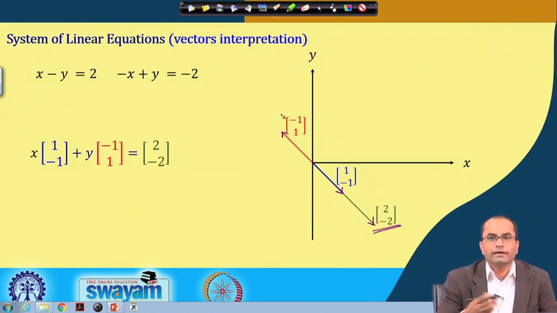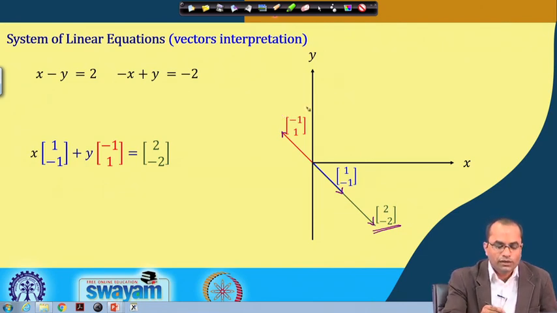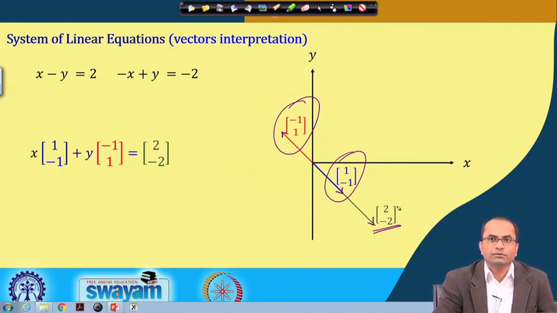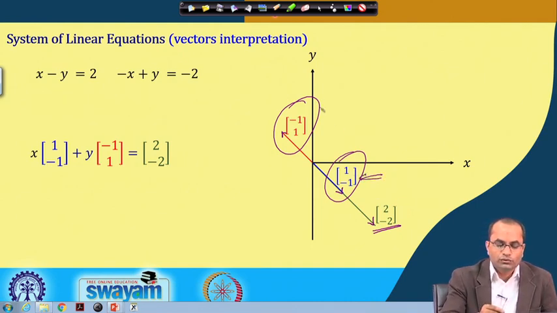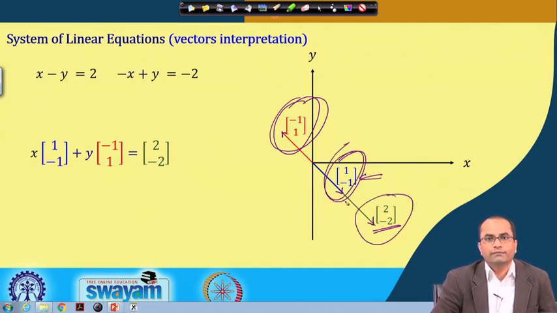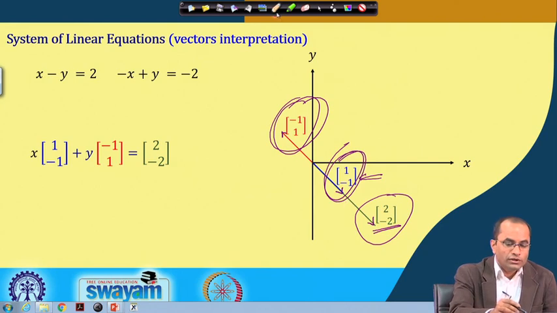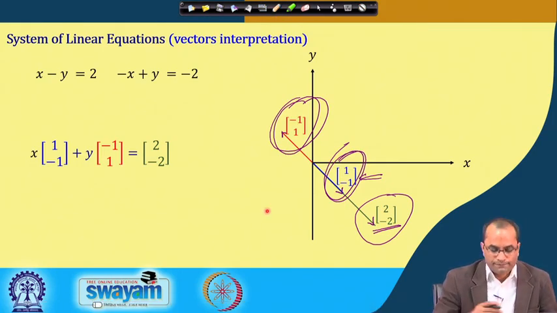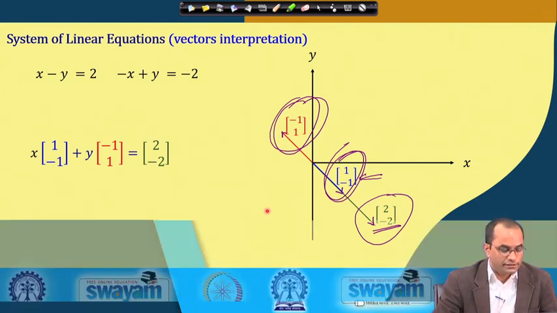There are infinitely many possibilities to have this linear combination of these two vectors to get the vector 2 and minus 2, because it is parallel to the given vectors. So from the vector interpretation as well, we can see that there are infinitely many solutions in such cases.